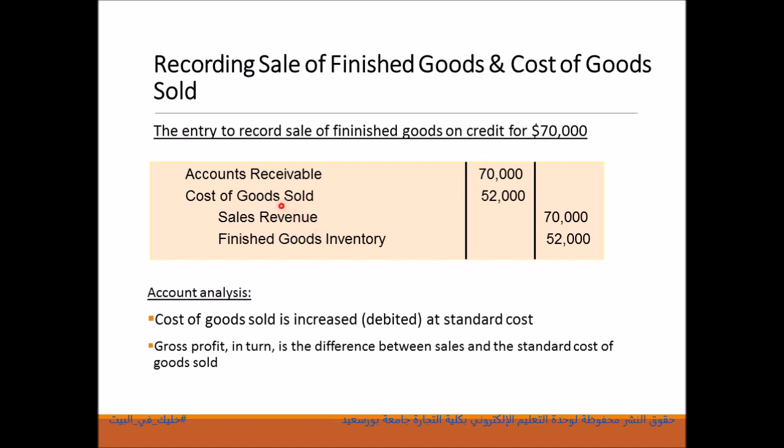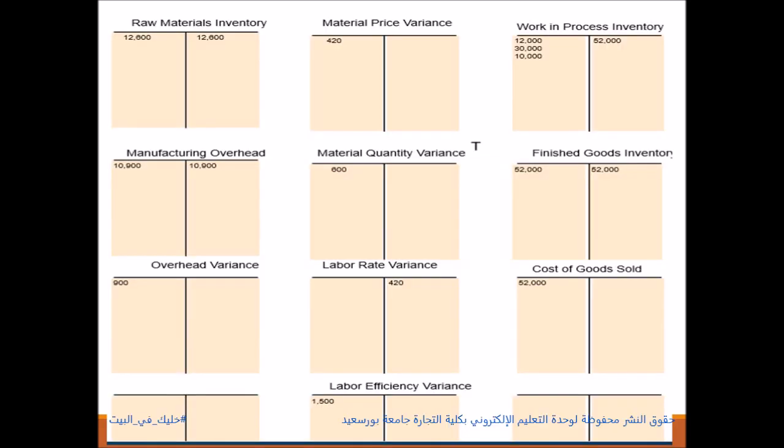We need also to increase cost of goods sold, which is recorded at standard cost, and decrease finished goods inventory. This is the cost accounts with variances. All debit balances in variance accounts indicate unfavorable variances, and all credit balances indicate favorable variances.